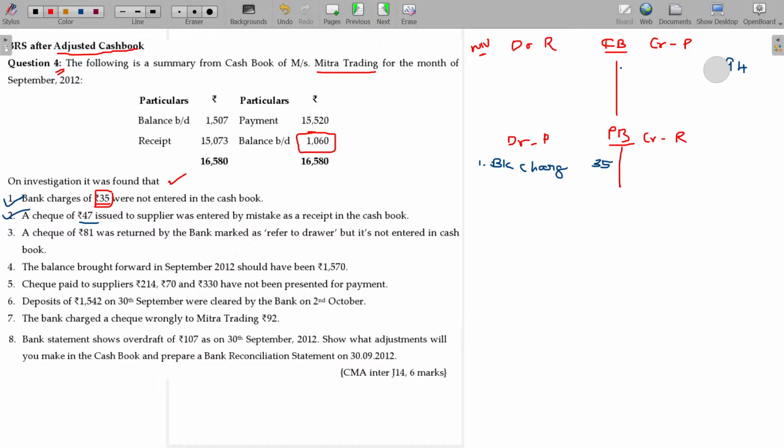But as such, now what happened? The thing what happened, I'm going to post it here. Cash book and passbook. I have posted that value here, 47. And banker has posted here 47. Am I right? I posted wrongly in the receipt side. A check of rupees 47 issued to supplier posted in the receipt side.